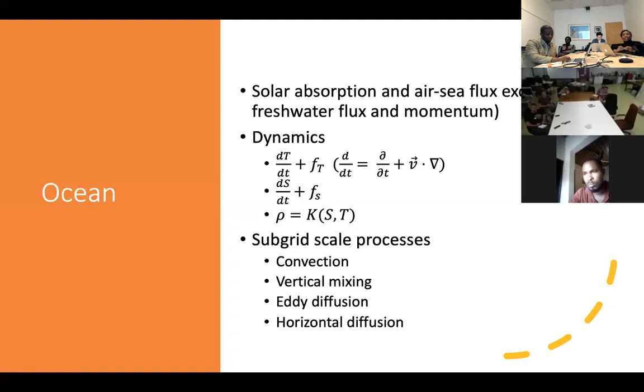So all these processes are parameterized also in the ocean model, and those terms are added onto the main dynamic equation to solve for what the large scale circulation or transport will be in the ocean. This is also a very simplified way of looking at it, but I think it gives the overview.